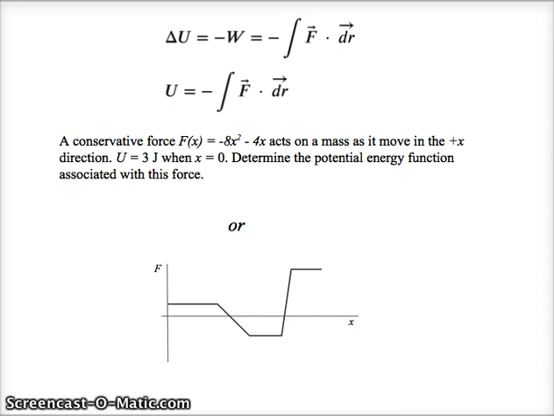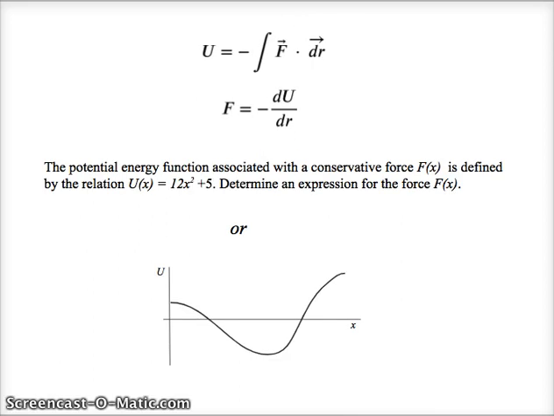Or you might be given a graph of force versus x, and if you find the area between the force graph and the x-axis, that's going to almost match up with your potential energy, except it's going to be the opposite of it because of that negative sign. The area would tell you the work, and the potential energy change would be the opposite of that.